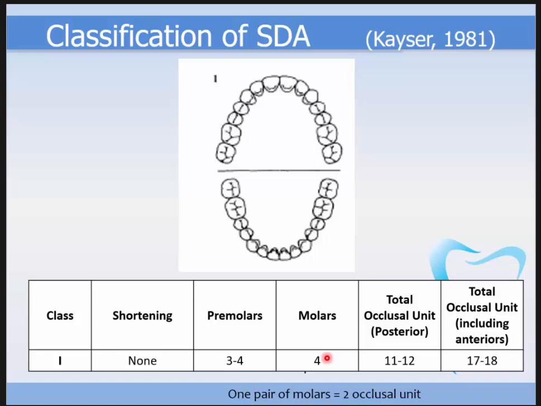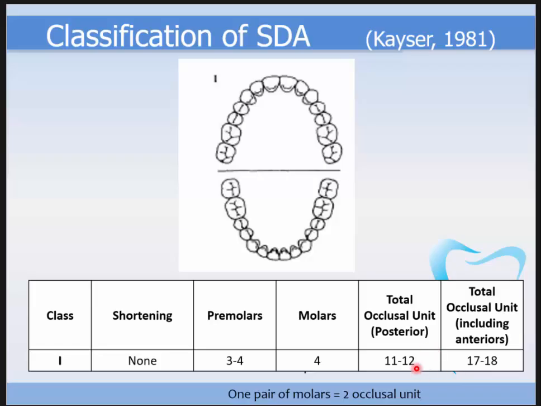So if the patient has 3 premolars present, let's say 1, 2, and 3, then posteriorly you have 1, 2, 3, 4, 5, 6, this one missing, 7, 8, 9, 10, 11. So you have about 11 occlusal units. If all your premolars are present, you have 12 occlusal units.